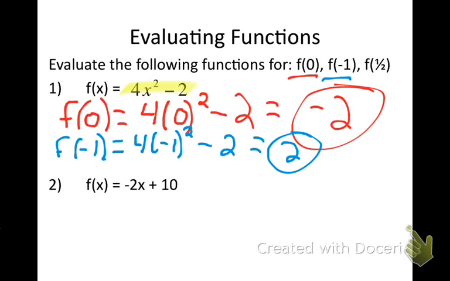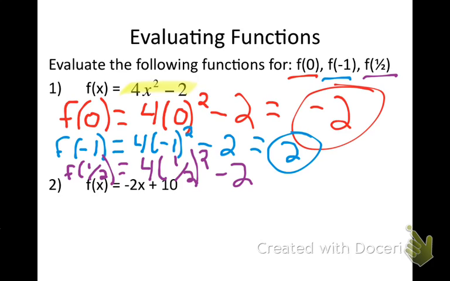Now, fractions can maybe be a little bit more difficult, but not really. So I have f of 1/2 equals 4 parentheses 1/2 squared minus 2. Okay, 1/2 squared. What is 1/2 squared, Jack? So 1/2 times 1/2 is 1/4.